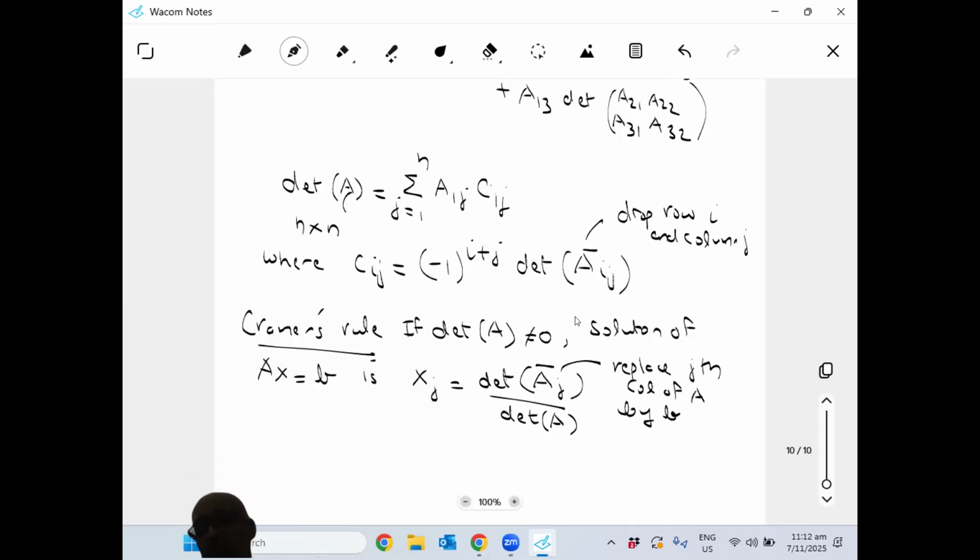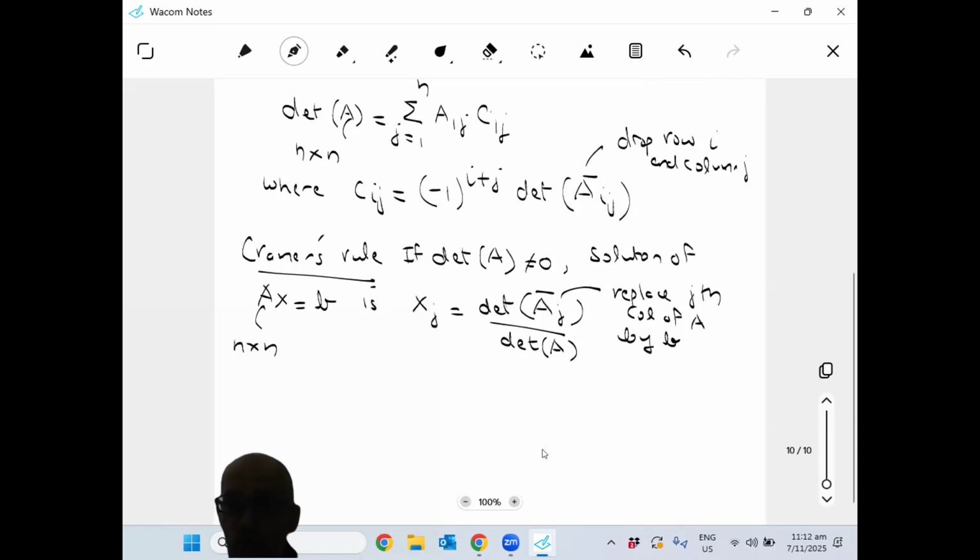It says that if you're trying to solve Ax equals b, where A is a square matrix and it is non-singular, that is, invertible, then the jth component of the solution vector is given by the determinant of the matrix where you take the columns of A, replace the jth column by the vector b, divided by the determinant of A. What is key here is that the determinant of A shows up in the denominator of this expression.